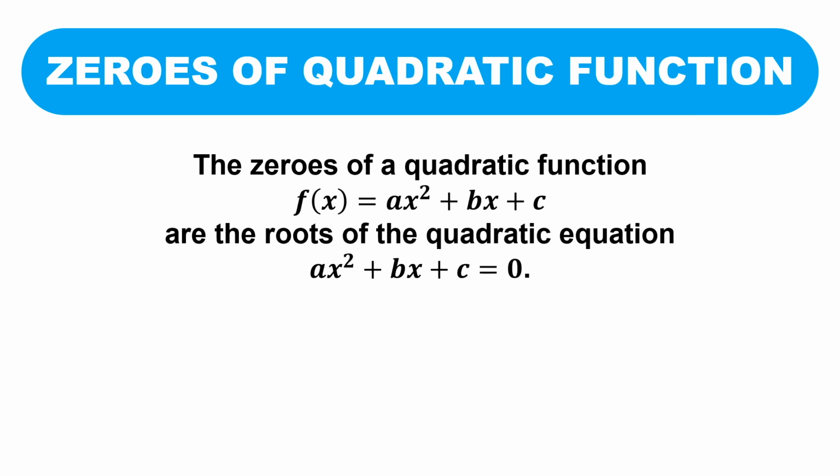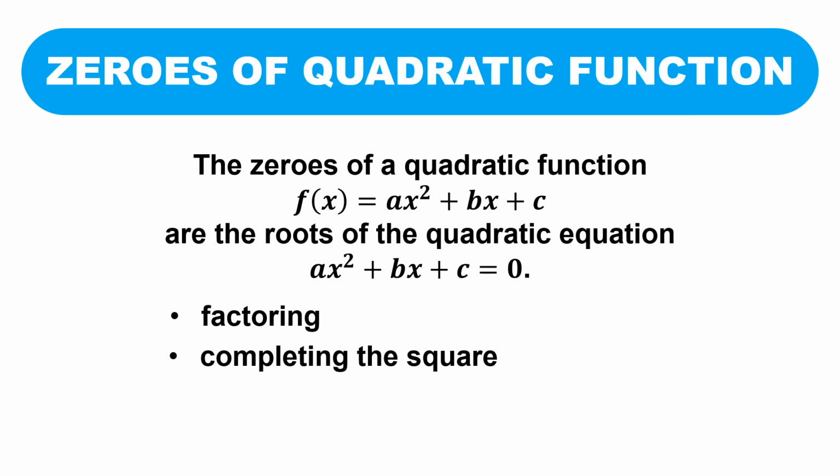Since the zeros of a quadratic function are directly associated to the roots of the corresponding equation, I suggest that you master how to solve quadratic equations either by factoring, completing the square, or using the quadratic formula.